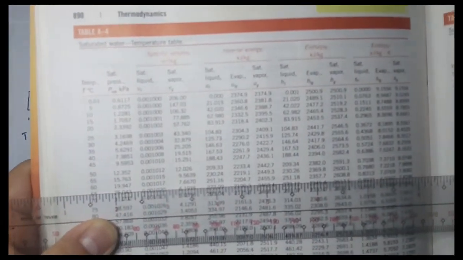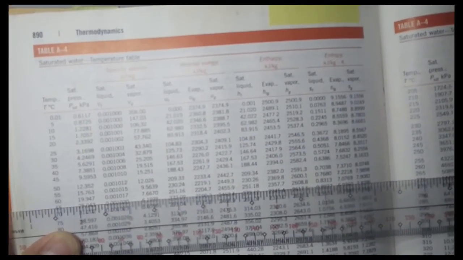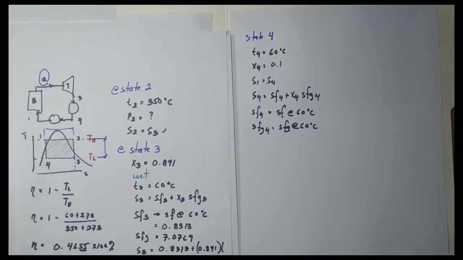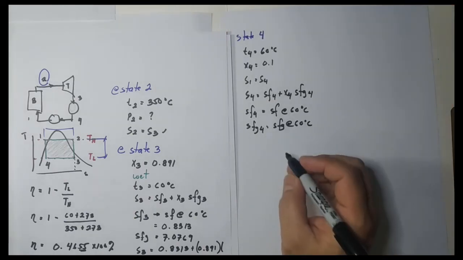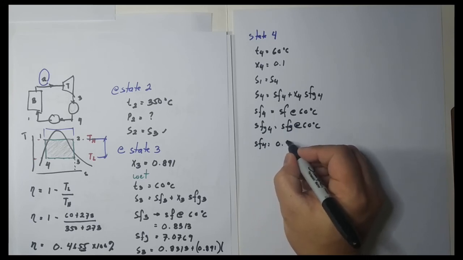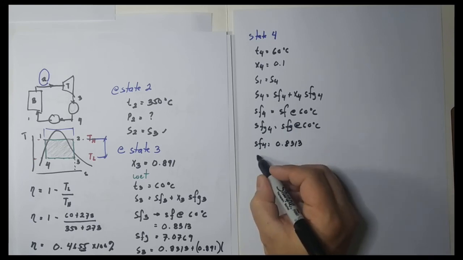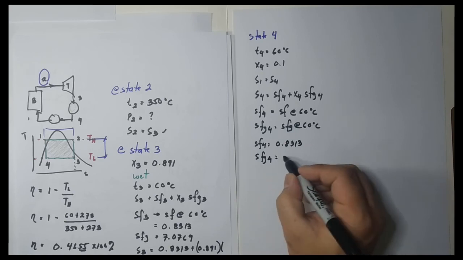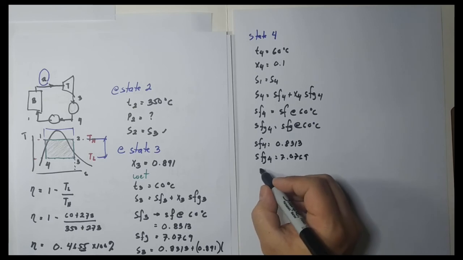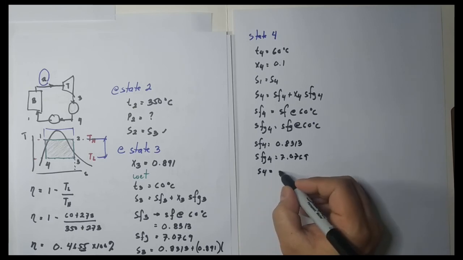Yan yon. Sa 60 degrees Celsius, makikita mo yung value. Ngayon, nalaman na natin na ang SF4 ay 0.8313. Ang SFG4 ay 7.769.